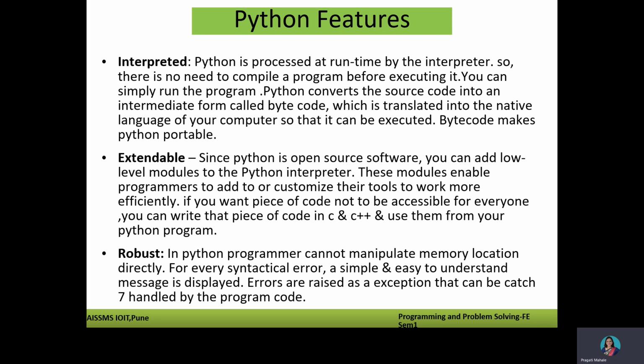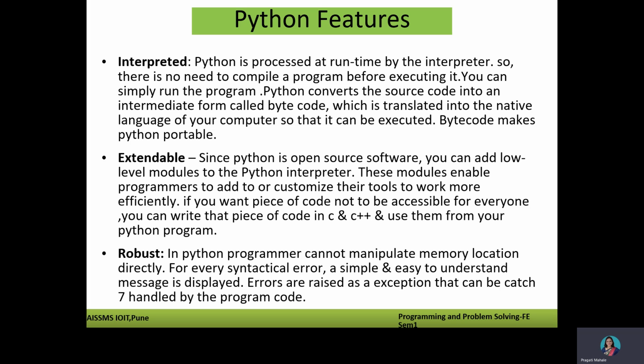Next, it is interpreted. Okay, what do you mean by interpreted? Here Python is processed at runtime by the interpreter. So interpreter is a type of translator. It is a system software. Whatever source code we write in different programming languages needs to be converted into the machine level, so that the computer can execute the program and generate the output.